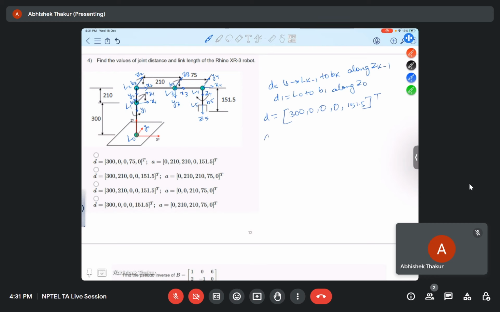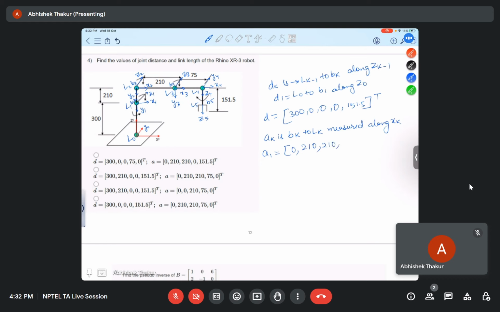Now AK is the distance between BK to LK measured along XK. So our A1 is equal to B1 to L1. B1 and L1 are coinciding, so it will be 0. B2 to L2, this is 210. Then B3 to L3, again this is 210.